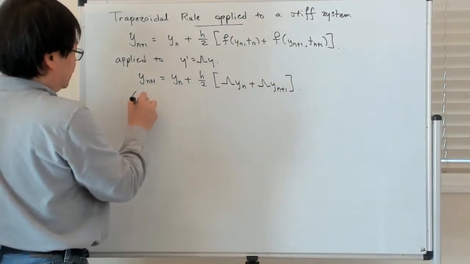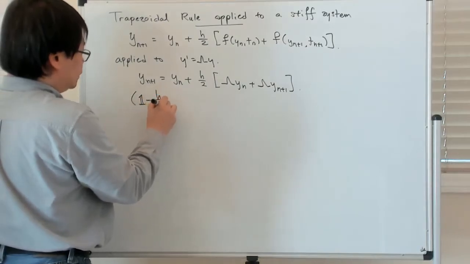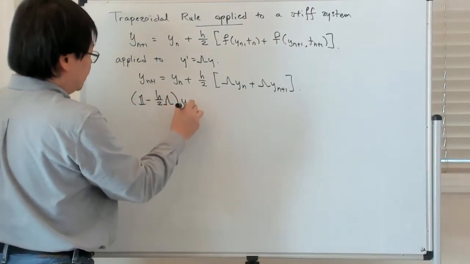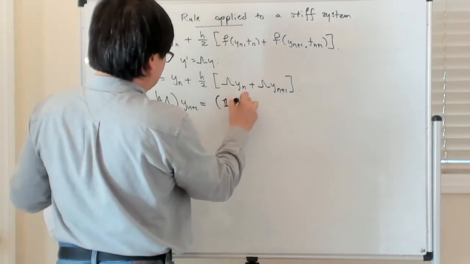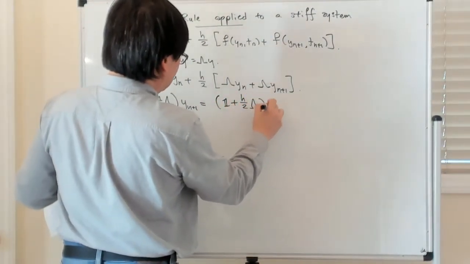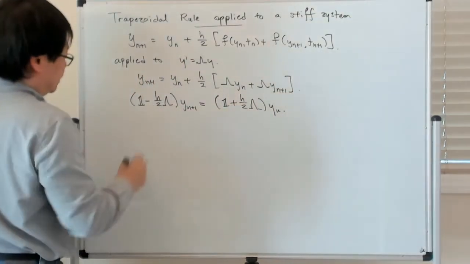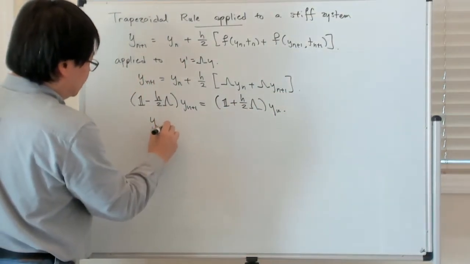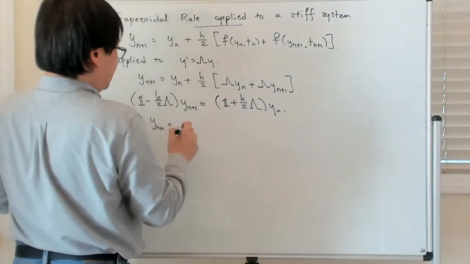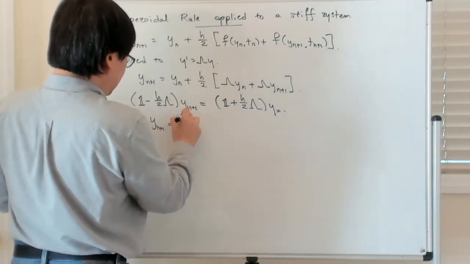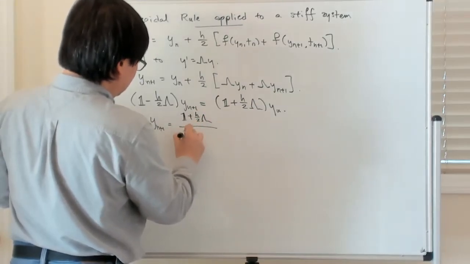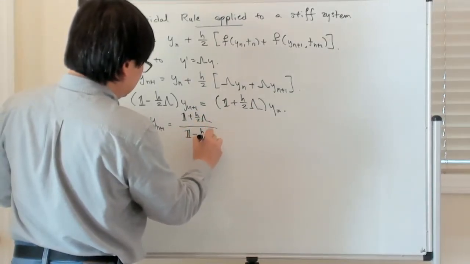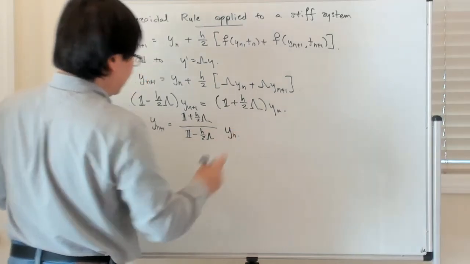You have (I minus h/2 λ) times y_{n+1} is equal to (I plus h/2 λ) y_n. So that says that y_{n+1} looks like the following: (I plus h/2 λ) over (I minus h/2 λ), the whole thing times y_n.